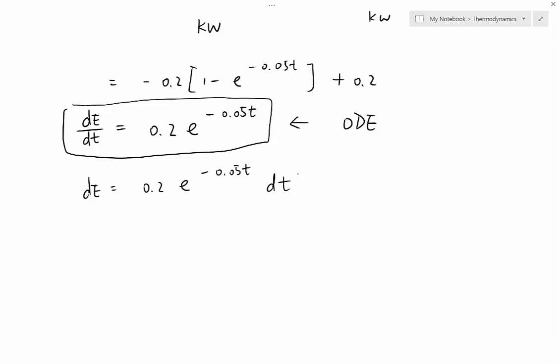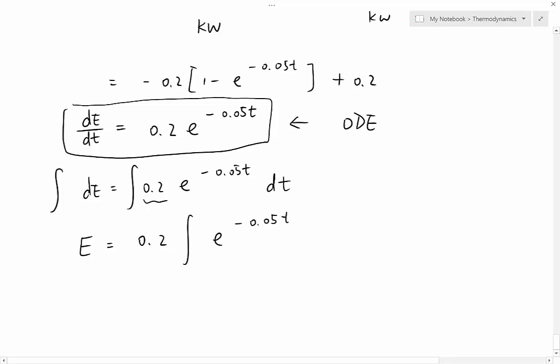The next thing to do is to integrate both the left-hand side and the right-hand side. Integrating the left-hand side is easy; it just becomes E, capital E. On the right-hand side, because 0.2 is a constant, you can take it out: 0.2 multiplied by the integral of e^(-0.05t) dt. So now we just need to integrate the right-hand side.